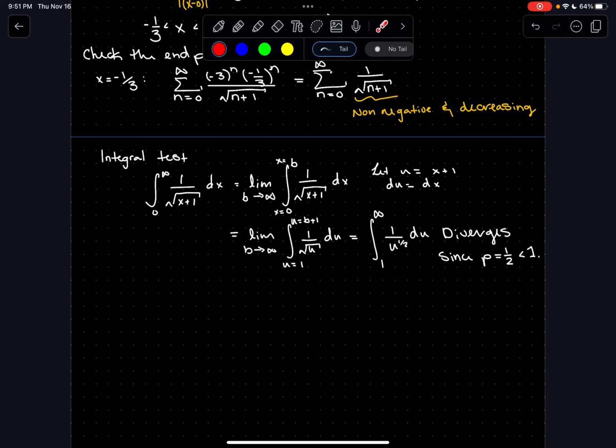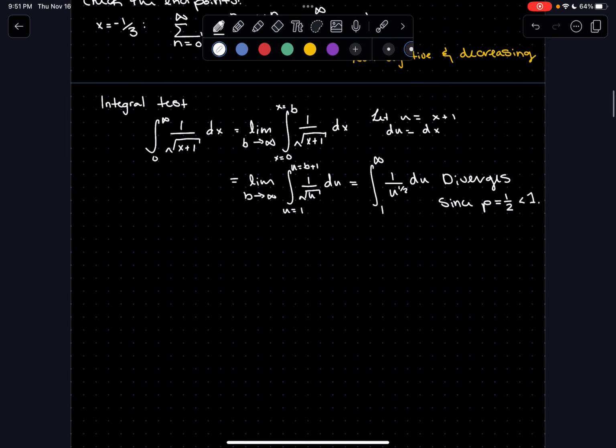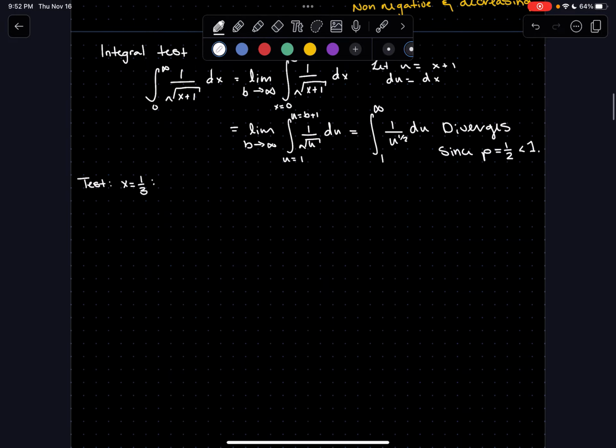Okay, so what that means is that negative 1/3 is not going to be included in our final interval of convergence, right? So now what we need to do is test x equals 1/3, right? So you can see why this is a little bit tedious, because you're solving 3 problems for the price of 1, which isn't very fun.